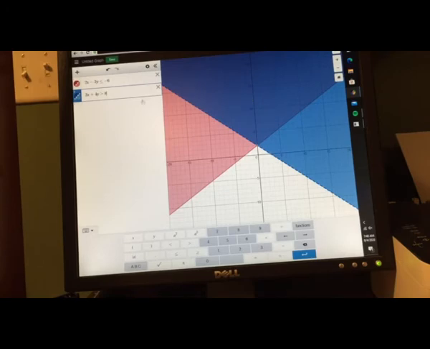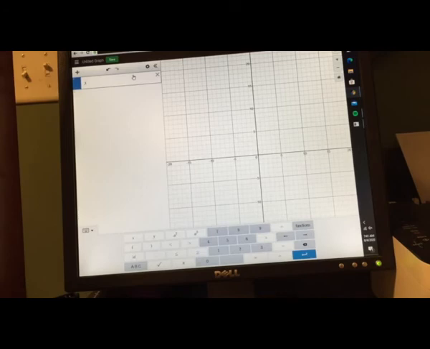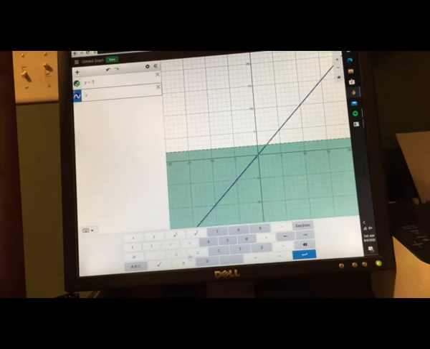All right, let's go to the second one. The second one was the one with the horizontal and vertical line. We had y is less than 2. And in the second one, we had x is greater than or equal to -3.